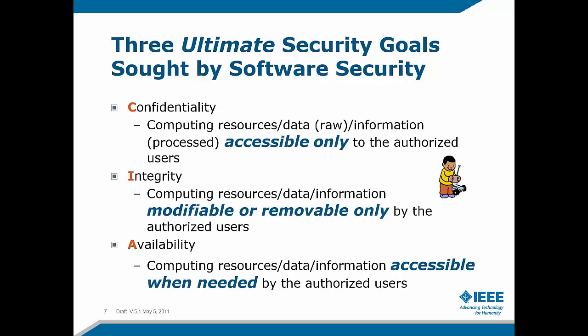Finally, there's availability, and availability is ensuring computing resources, data information accessible only when needed by the authorized users. So this is what we're trying to do when we're trying to ensure software security.